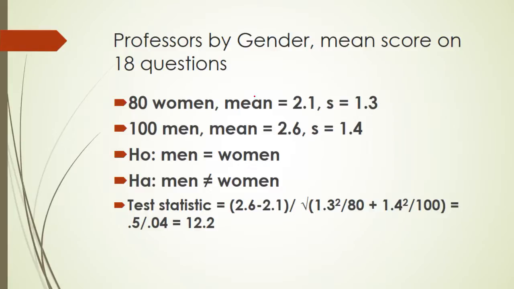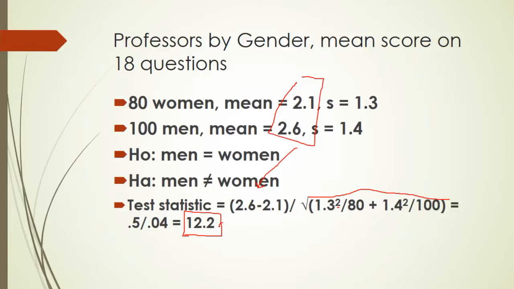Our test statistic, we take the two means, right? Take the two means, put them in here, subtract them. Take each of our standard deviations, we square the standard deviation. Remember, this is a big, long square root sign. And 80 and the 100. Okay? Do the math, and we get a test statistic of 12.